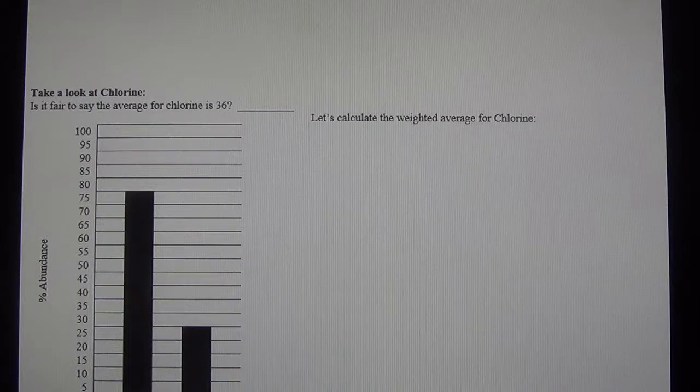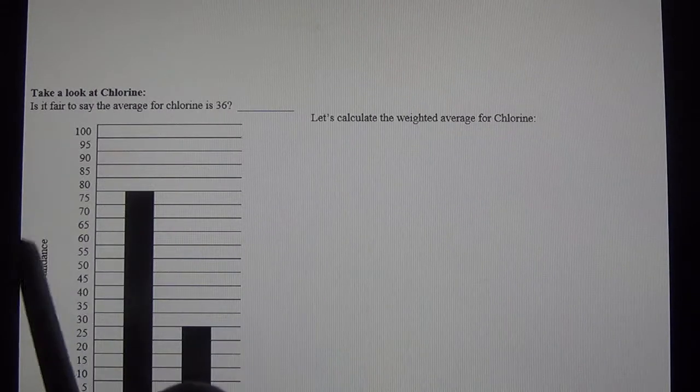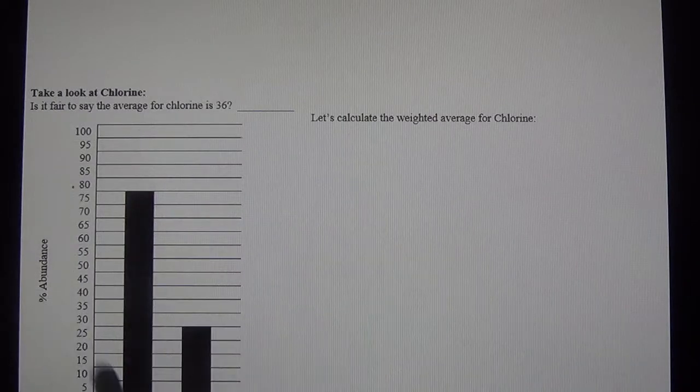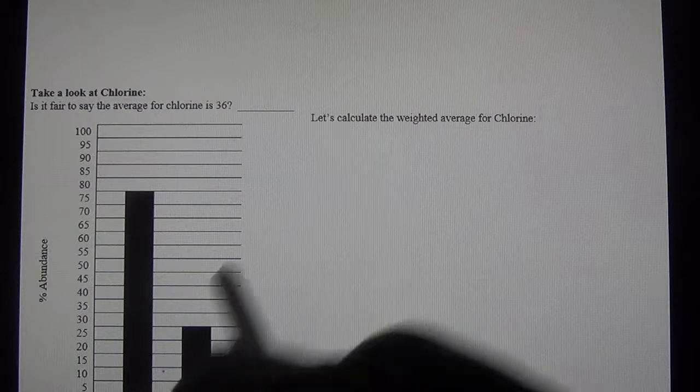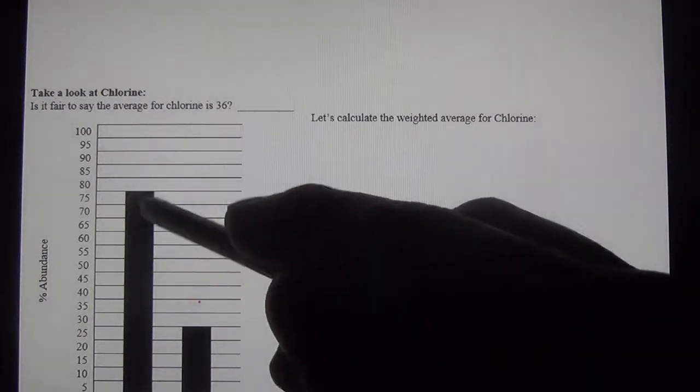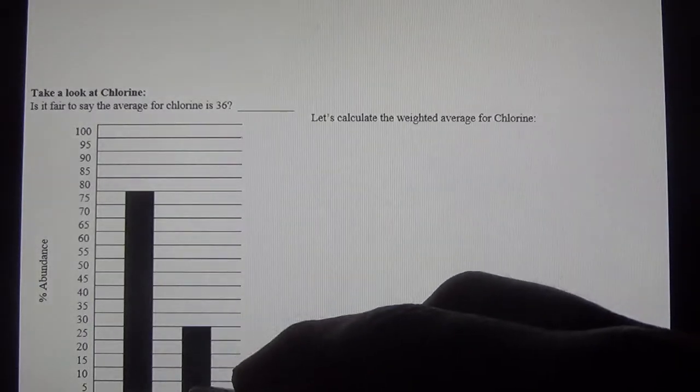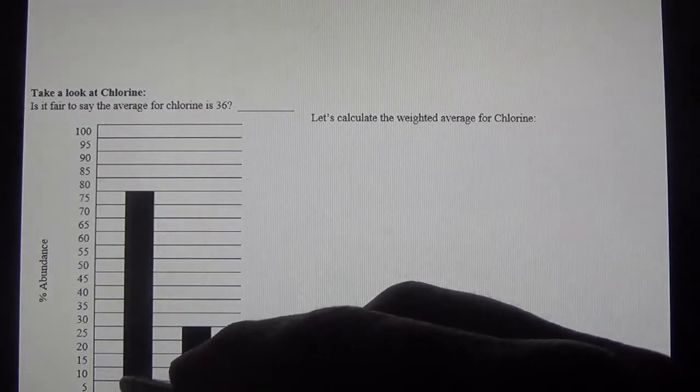Let's take a look at chlorine. Okay. So here we see, let's read the graph. We have a percent abundance, how much of it there is, and we have a mass. You can see there are 2 isotopes of chlorine.